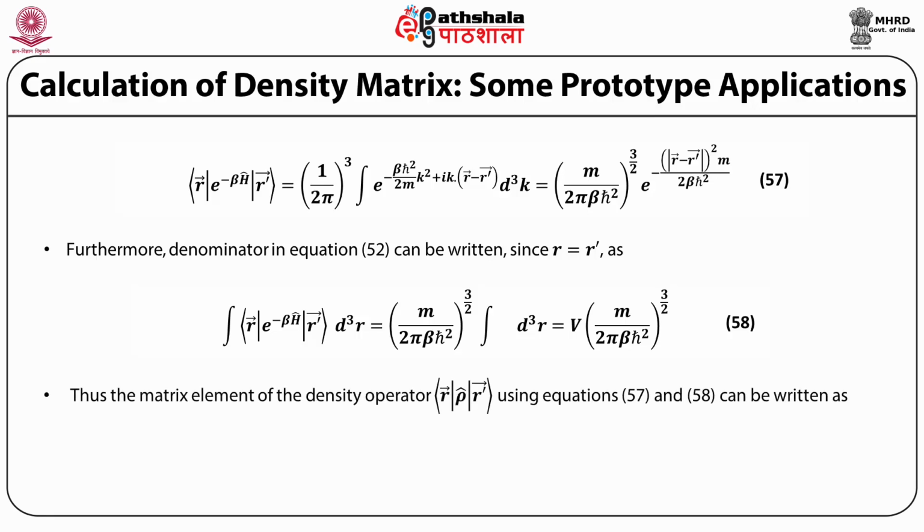Thus, the matrix element of the density operator between states r and r dash, using 57 and 58, can be written as equal to 1 upon V e raised to power minus modulus of r minus r dash whole square m divided by 2 beta h bar square.